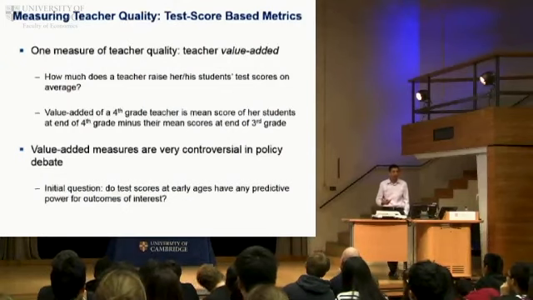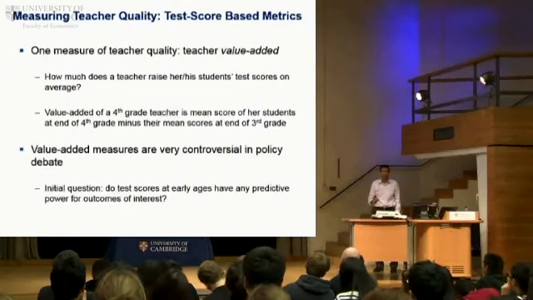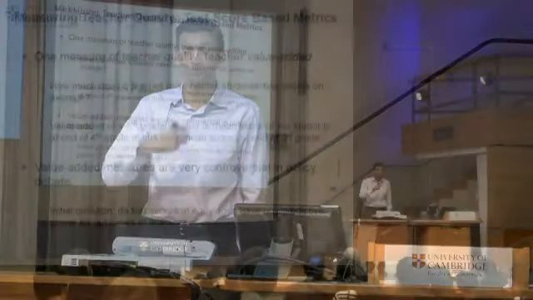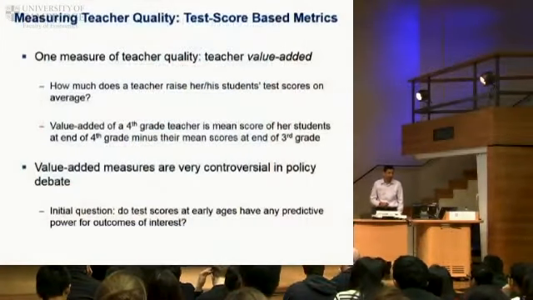So for example, if I'm a fourth grade teacher, then my value added would be calculated as essentially the average test scores of my students at the end of fourth grade minus their average test scores at the end of third grade. So basically, how much progress did my students make on average? And if that looks really high, we'll say that I'm a high value added teacher. And if my students are not doing well relative to other students in the school, we're going to say I'm a low value added teacher.